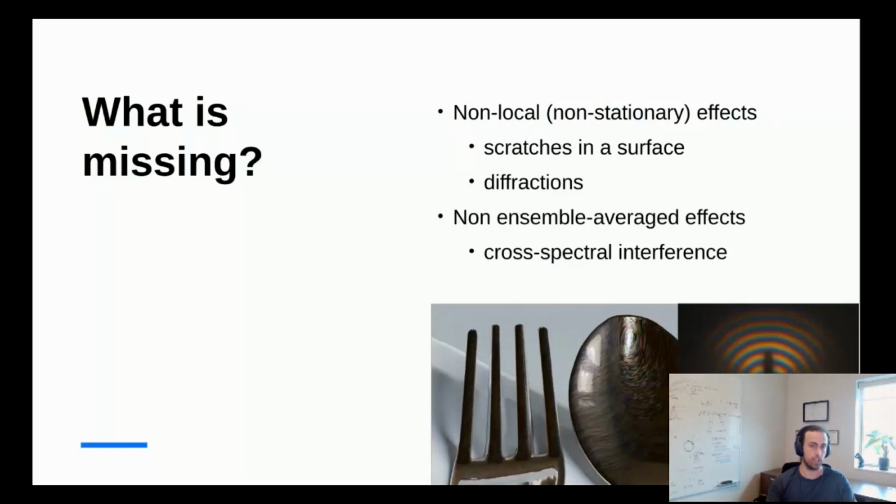Other effects, like general diffraction by geometry, are very hard to approximate by such a framework in general. Also effects like non-time-averaged effects like gross spectral interference, which is very relevant to acoustics, for example, are also very difficult to simulate.